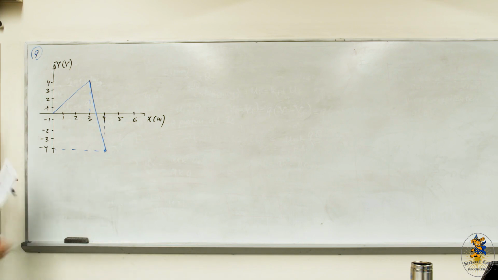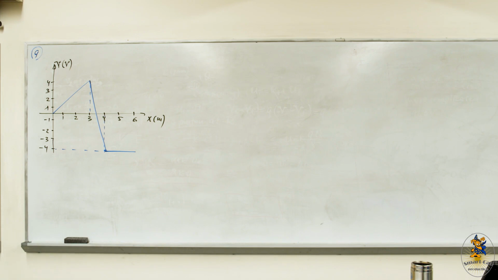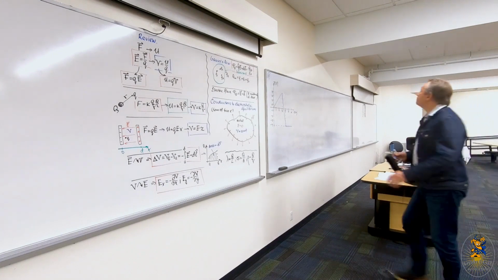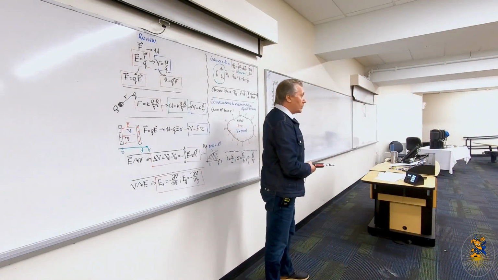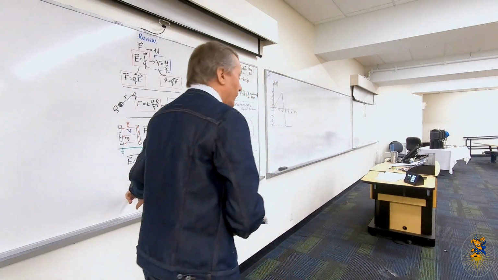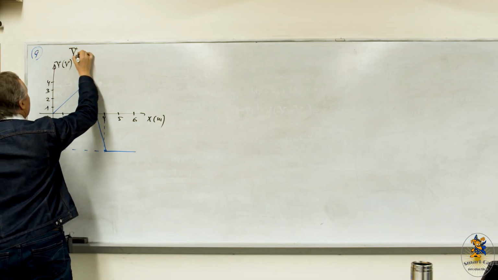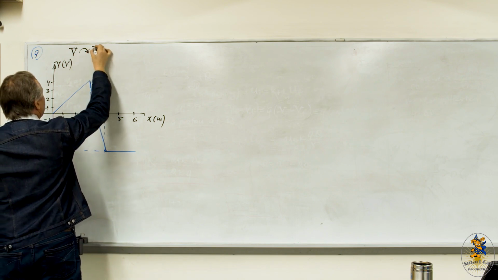And then it stays constant. Information about the electric potential is given. We want to get information about the electric field. Essentially, it's a transition from V to E. So let's just quickly do it. So it's from V to the electric field.